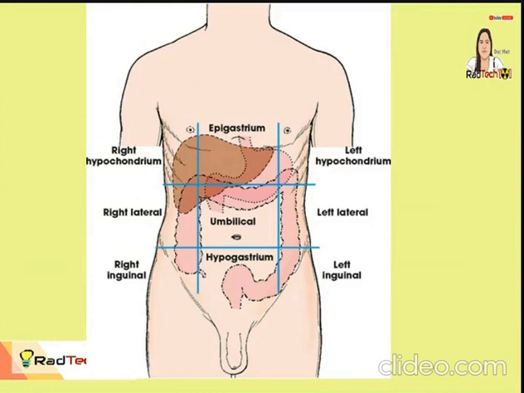So the right hypochondrium here, the epigastrium, the left hypochondrium, right lateral, umbilical region, so the 9 regions, the left lateral region here, the right inguinal region, the hypogastrium, and the left inguinal region.